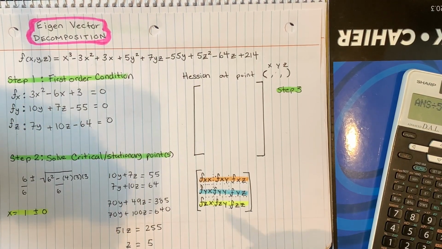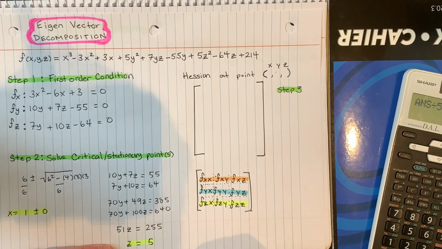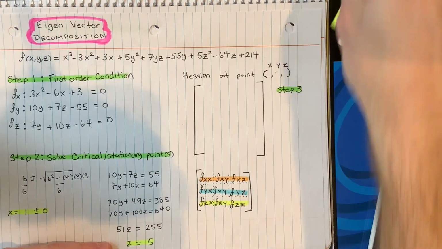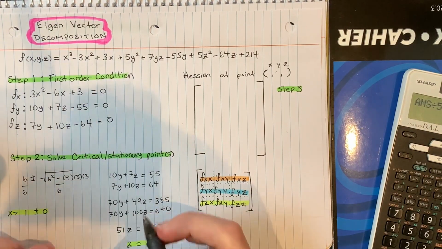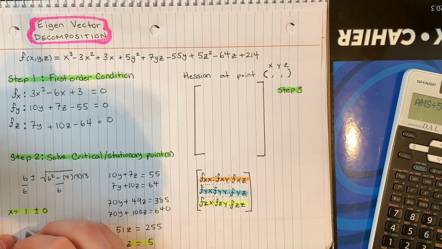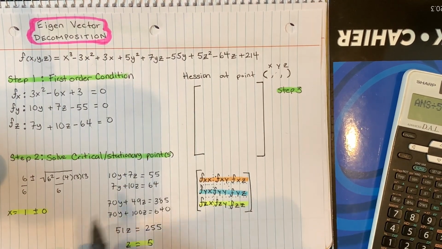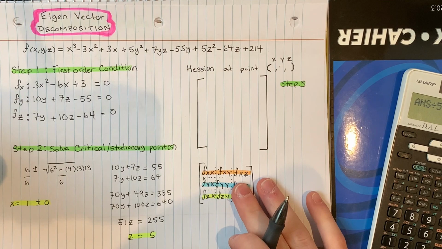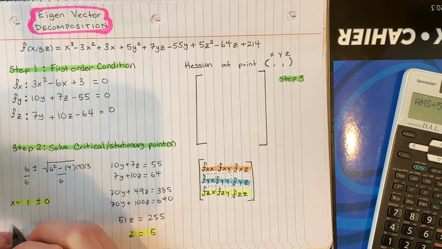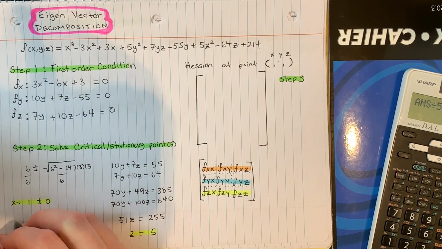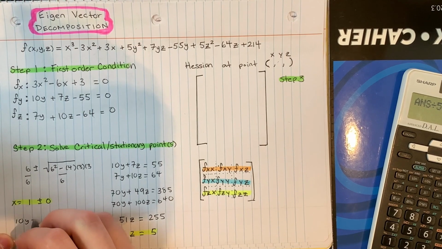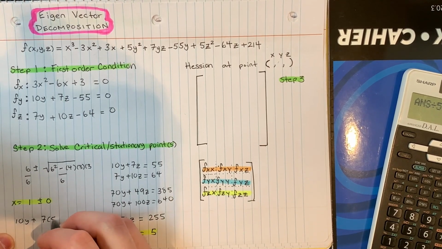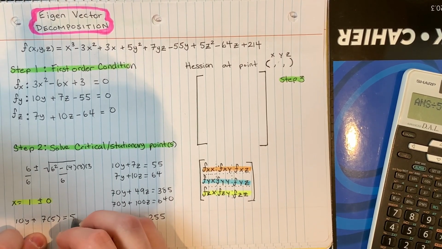Now we can plug z equals 5 into either of the other two equations to solve for y. So let's just do it in this corner here. I'm going to make sure that's still in the frame. Put it up a little bit. All right. So 10y plus 7 times 5 equals 55.